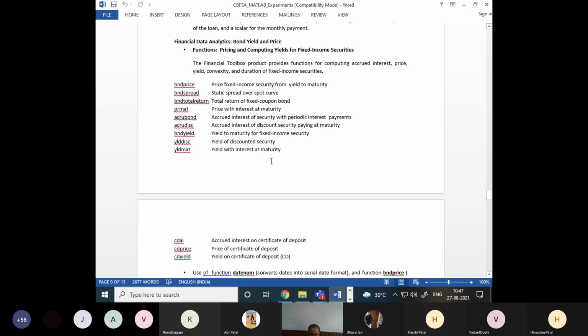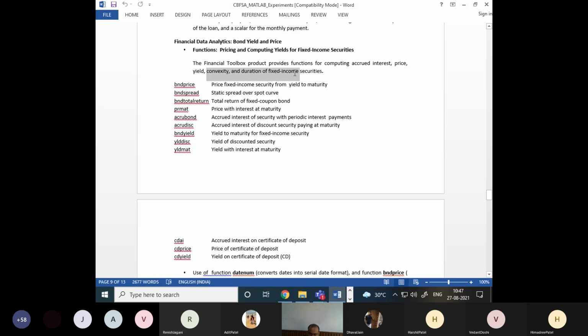There are some functions given in MATLAB related to fixed income securities like bonds, so we can calculate the price of the bond and the yield. There are also other terms like convexity and duration that we have not studied yet, but they need a deeper study of bonds, so we skip them right now.